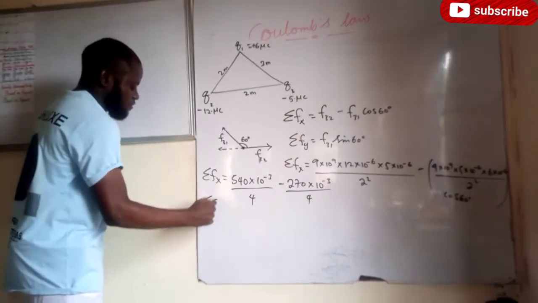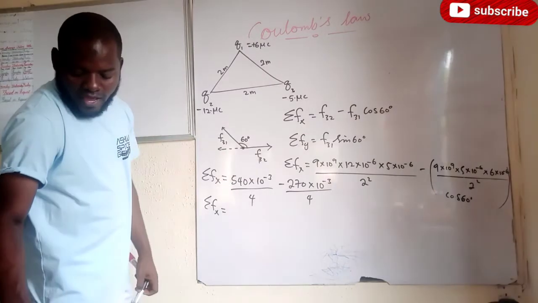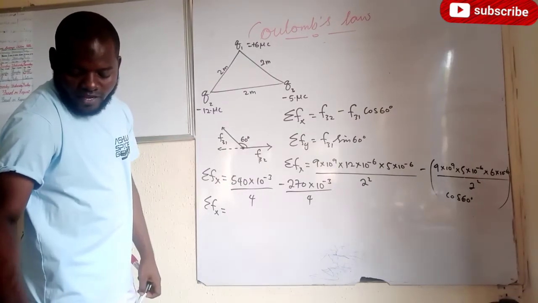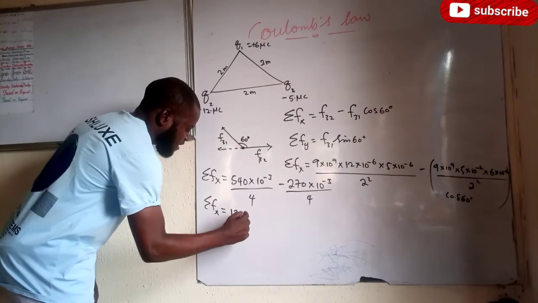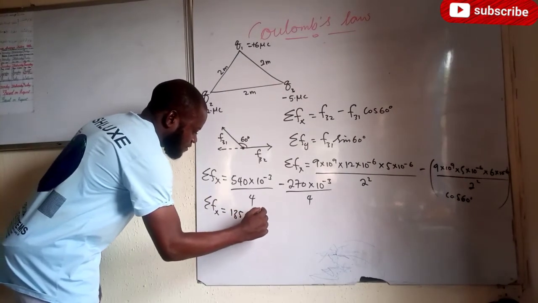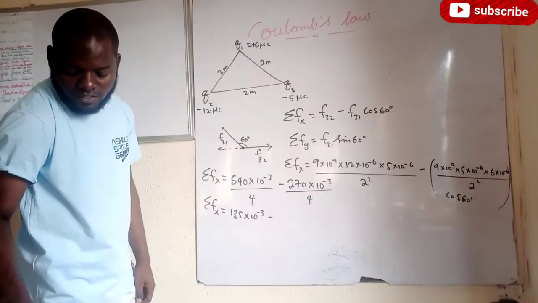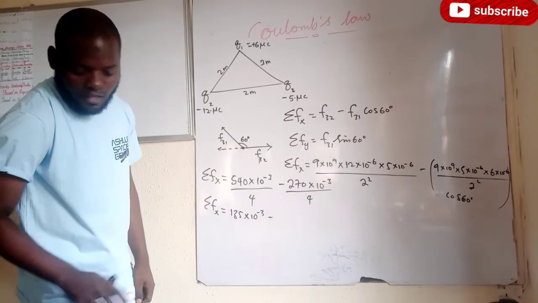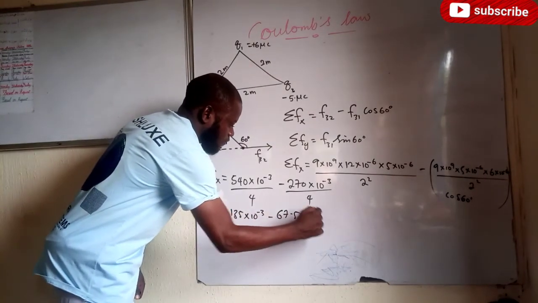So this is 270 times 10 to the power of minus 3 divided by 4. Okay, so the summation of the forces along the horizontal axis becomes 540 divided by 4. That gives us 135 times 10 to the power of minus 3 minus 270 divided by 4, that will give us 67.5 times 10 to the power of minus 3.